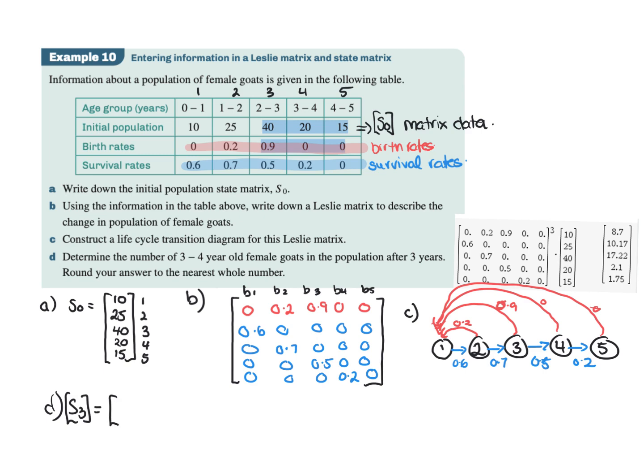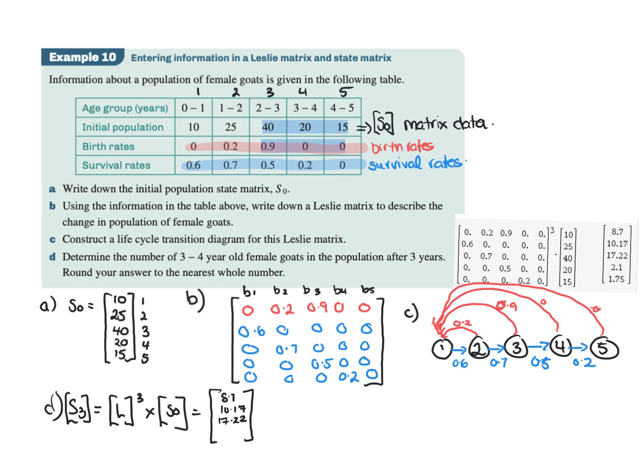Remember, you find that by going the Leslie to the power of 3 times the S0. And when you do that, oh, sorry, I'm going to run out of room. I have to write it small. It was 8.7, 10.17. No, after 3 years of the population.